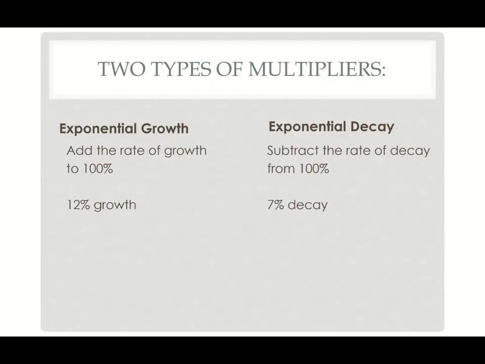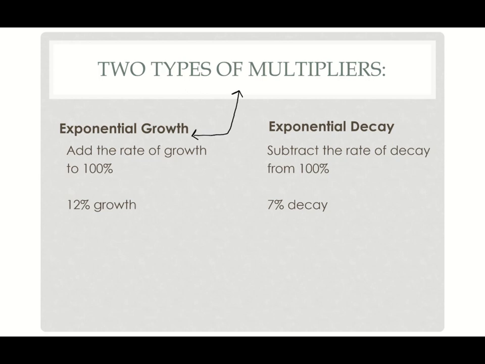So there are 2 types of multipliers. We can be looking at exponential growth or exponential decay. So exponential growth is what we are used to seeing. We, in the last unit, looked at graphing exponentials, and a graph of an exponential starts off low and then gets increasingly faster going up.